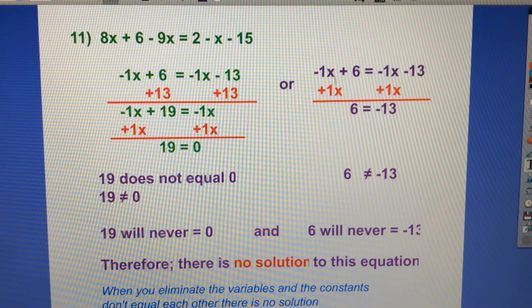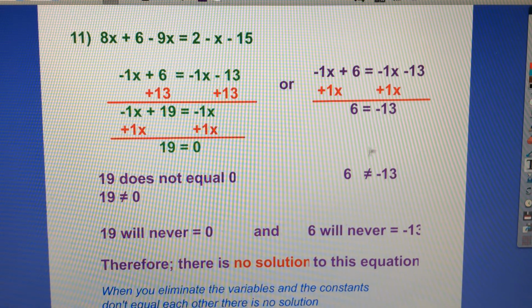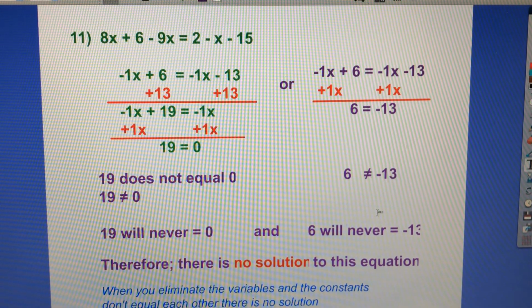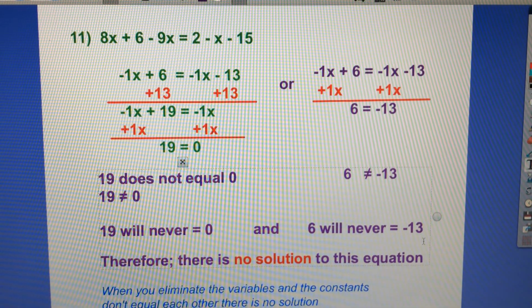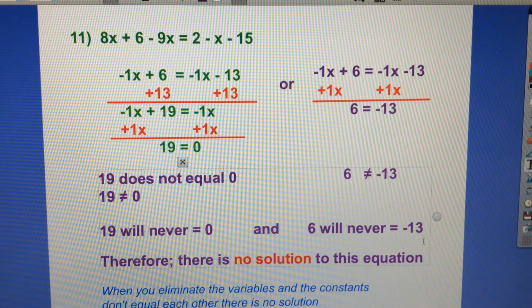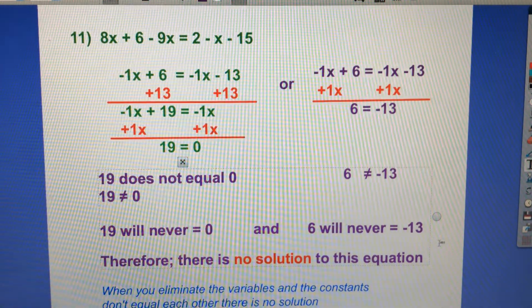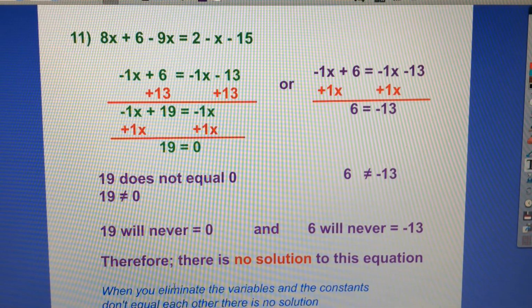Okay, I cleaned it up, and this time I get rid of the x's first. So I add 1x to both sides, and I get 6 equals negative 13. Okay, 6 does not equal negative 13, and it never will. Something's wrong. I can't solve it because there is no solution to this equation.